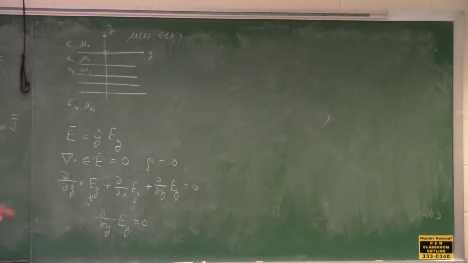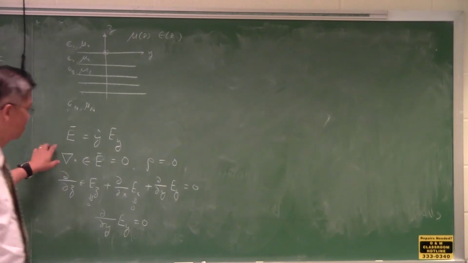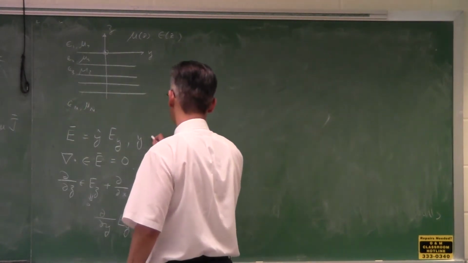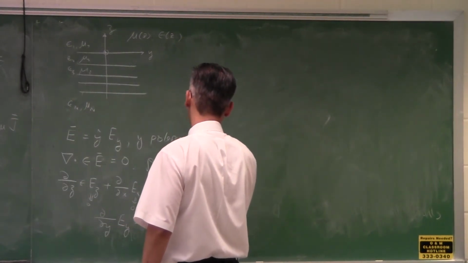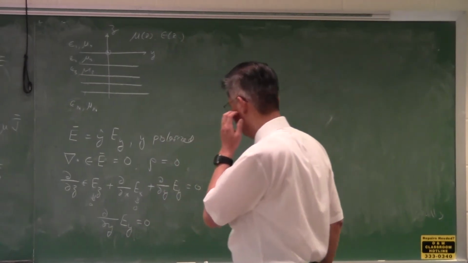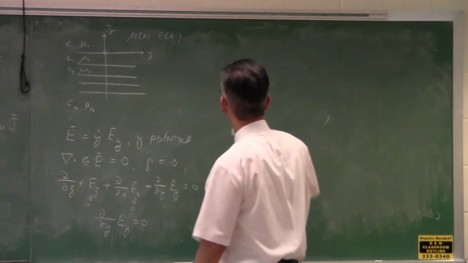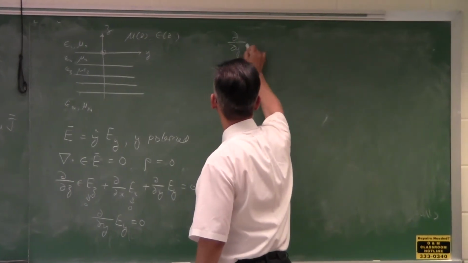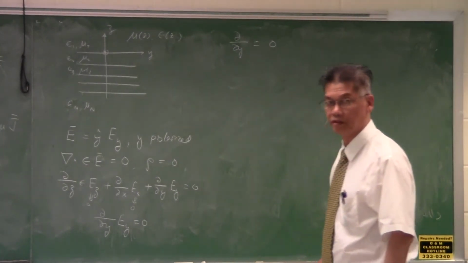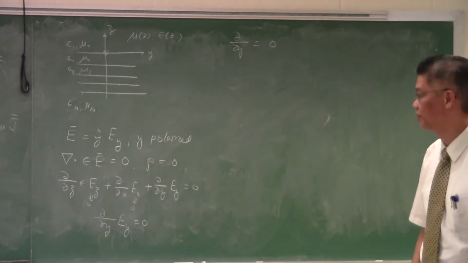So if such a solution exists and it is y polarized, then there has to be no variation in the field. The y variation in the field has to be 0.